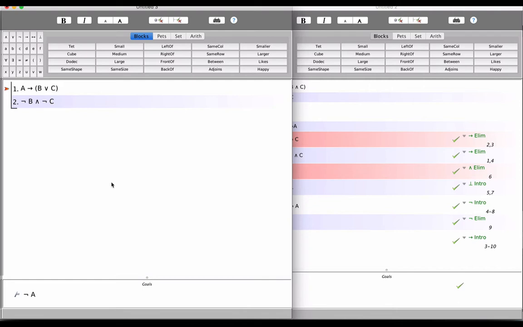So it's very likely you're going to have to eliminate it. Notice too at line 2, you have a conjunction of two negations. And each of those negations implicitly contradicts each side of the disjunction at line 1. So that's going to come in handy as we move forward.